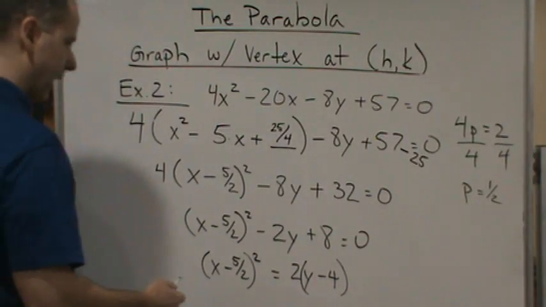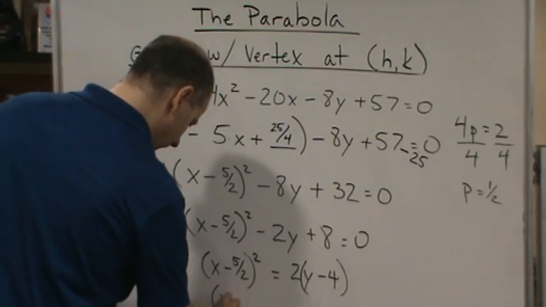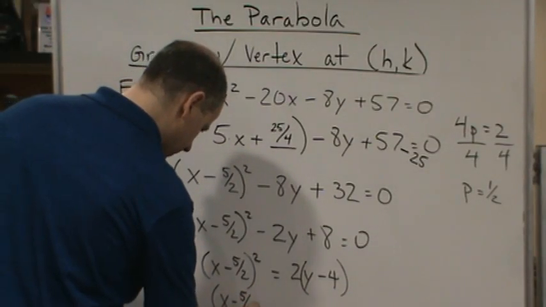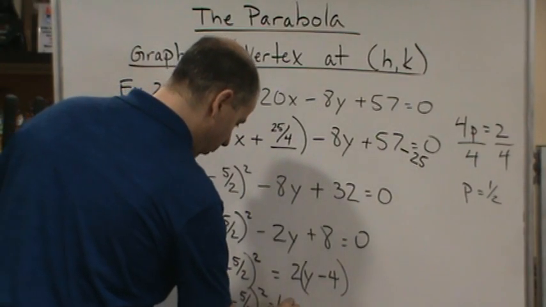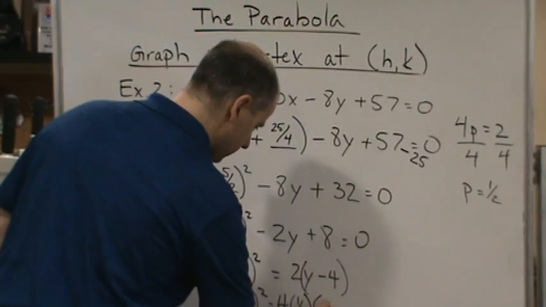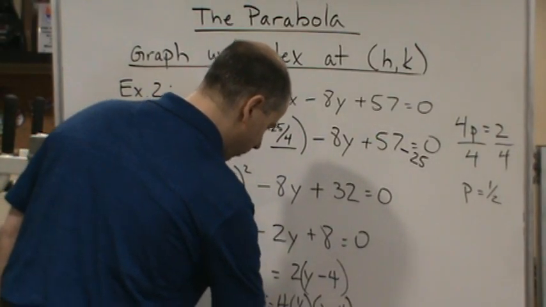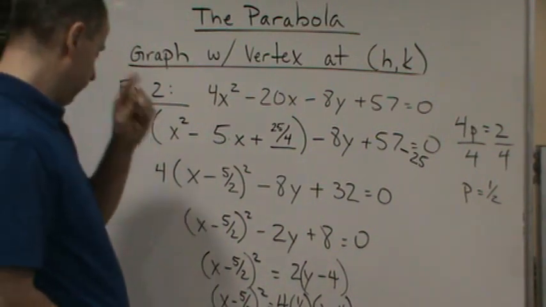Cool. Now I have my final equation. It's going to be x minus 5 halves, quantity squared, is equal to 4 times 1/2 times y minus 4. And now I'm done with that part.